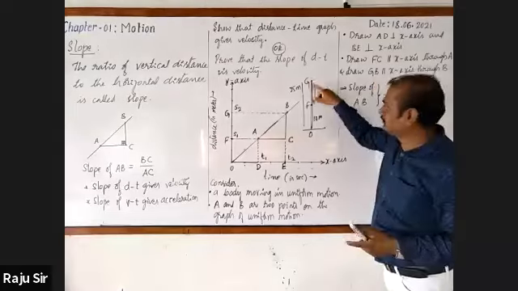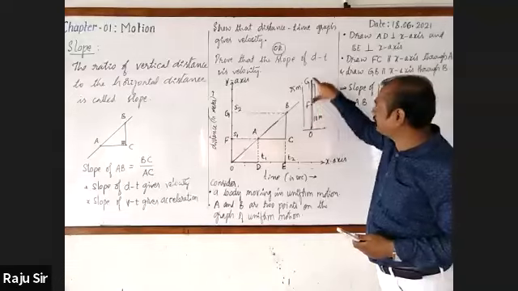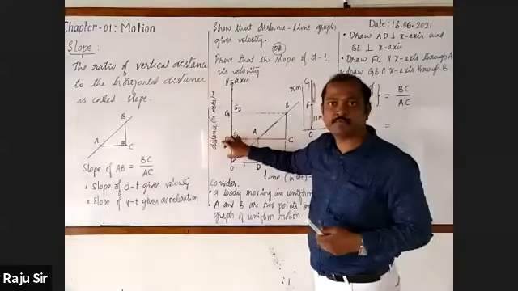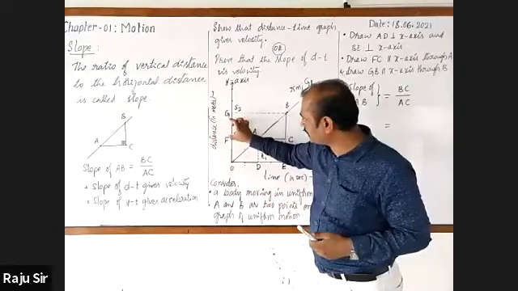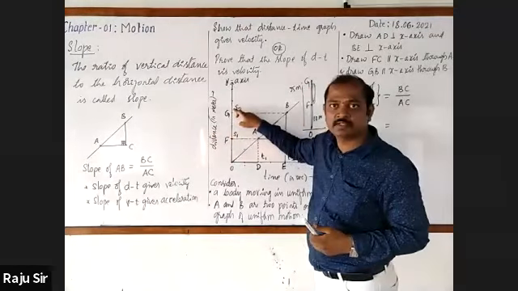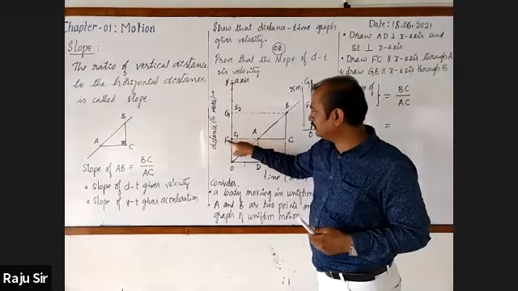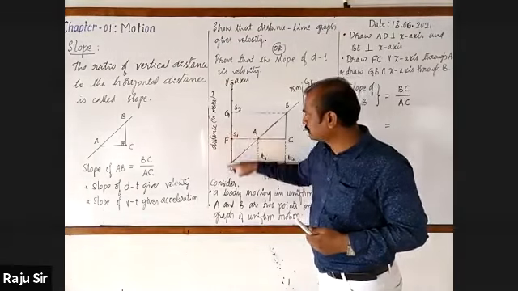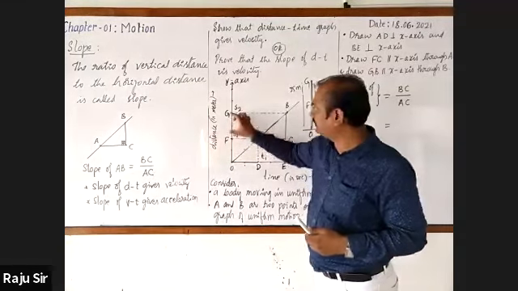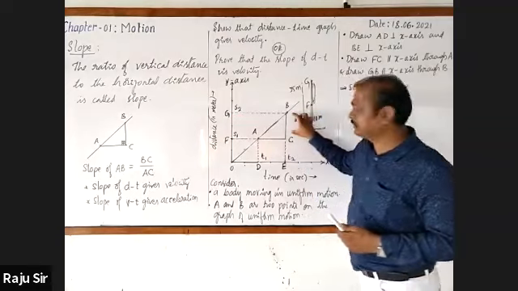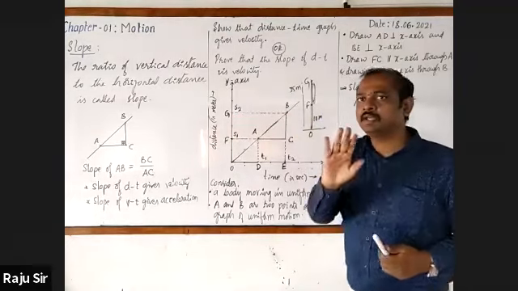How? 25 minus 10. Now I want the distance from B to C. It is equal to GF. The total distance up to G is S2, and up to F it is S1. So S2 minus S1 is GF, which is nothing but BC. Clear?